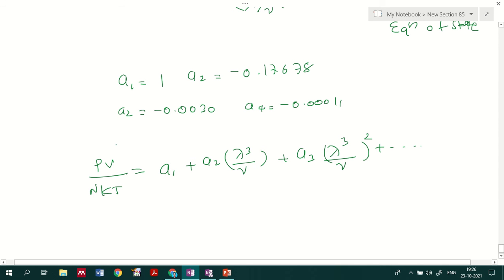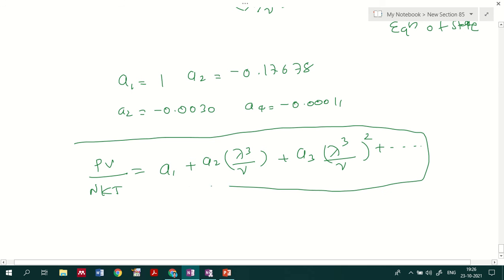This is a representation of pV by kT in terms of the virial coefficients.